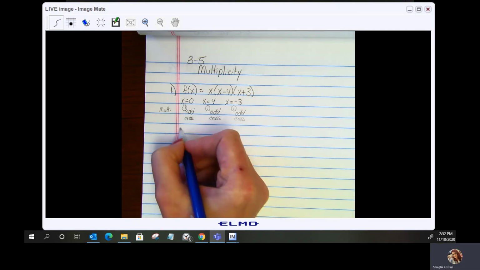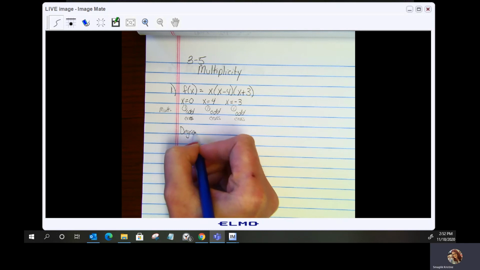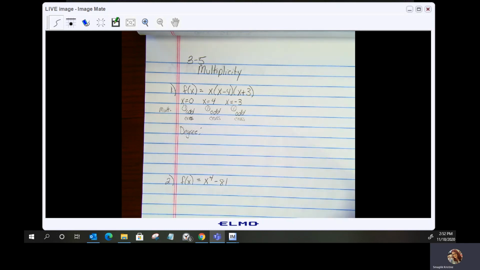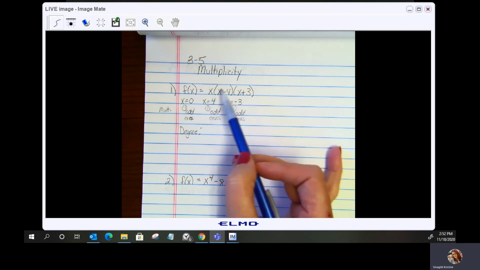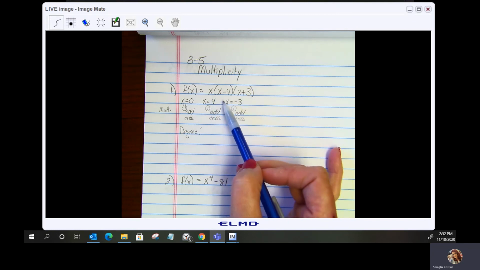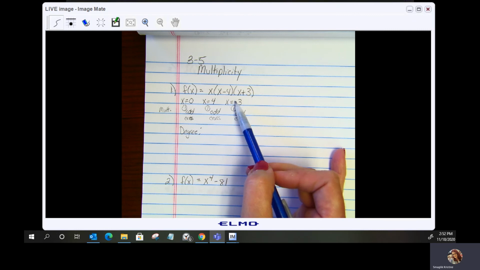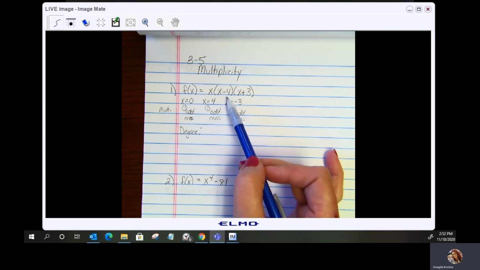Now let's talk degree, because I need to know my end behavior. I'm in factored form, and we know that when we pull the degree of a polynomial, it needs to be in standard form, because we're looking at the highest degree. But we don't necessarily have to multiply this out.